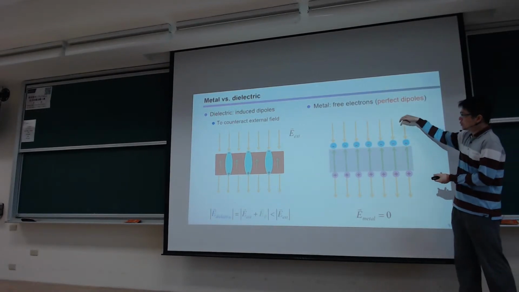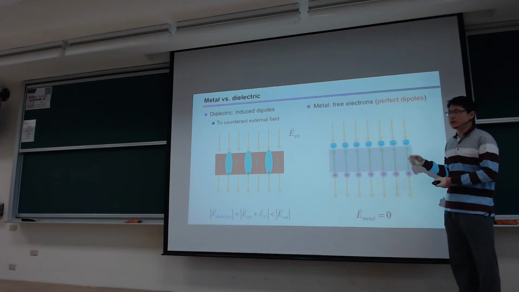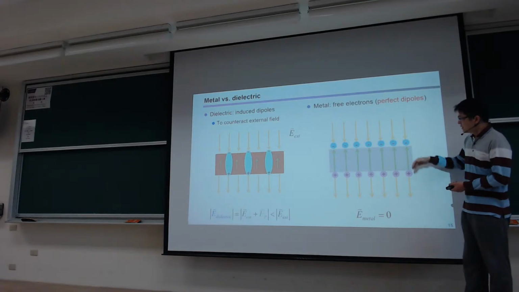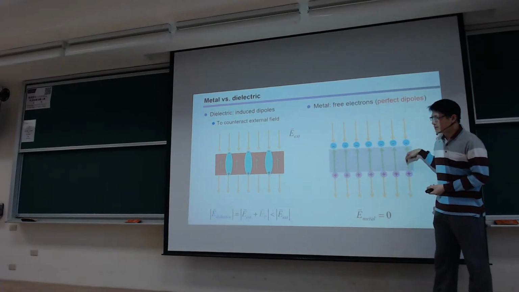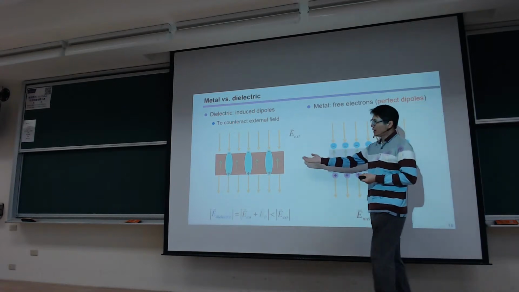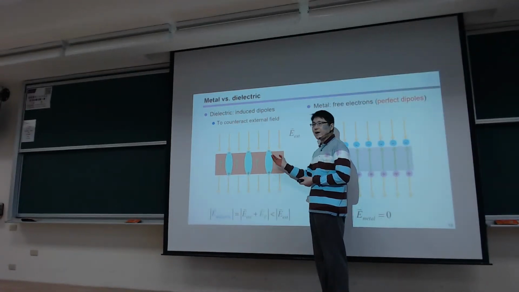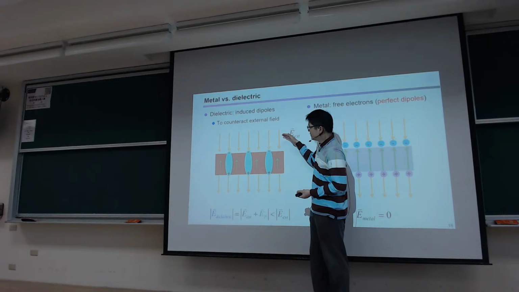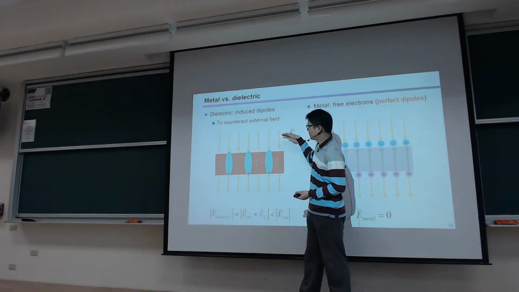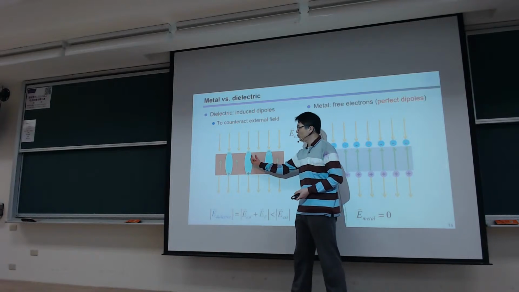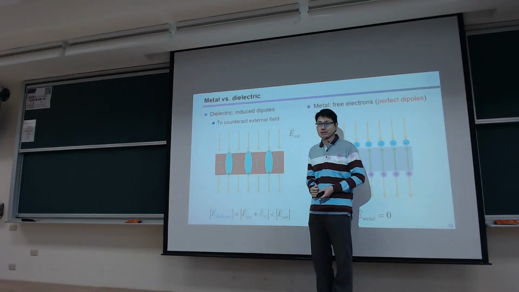So basically, whenever you have an external field line, you can induce one electron, and therefore make the metal have no field inside. But dielectrics are not that good in terms of their electric dipole inducing capability. So in this example, I have 7 external field lines, but I can only induce 3 pairs of electric dipoles.